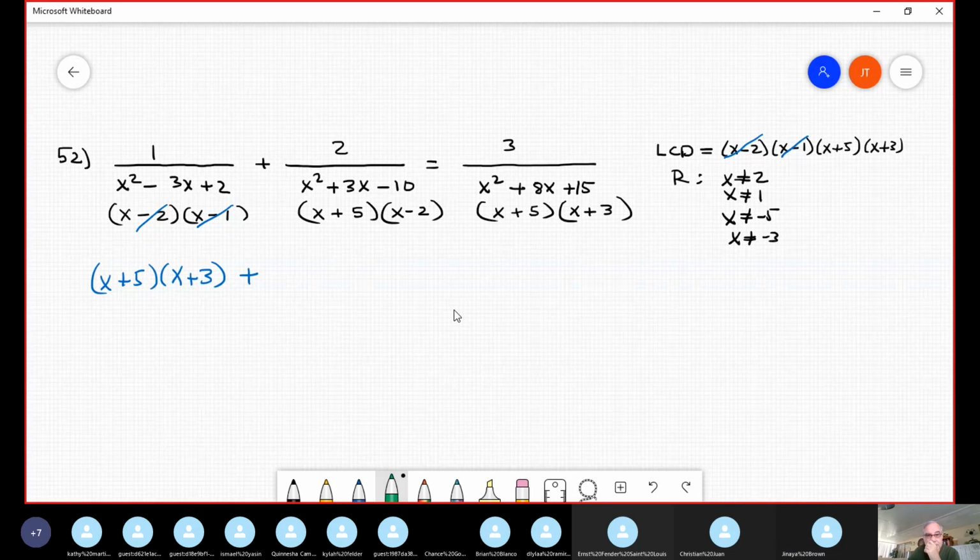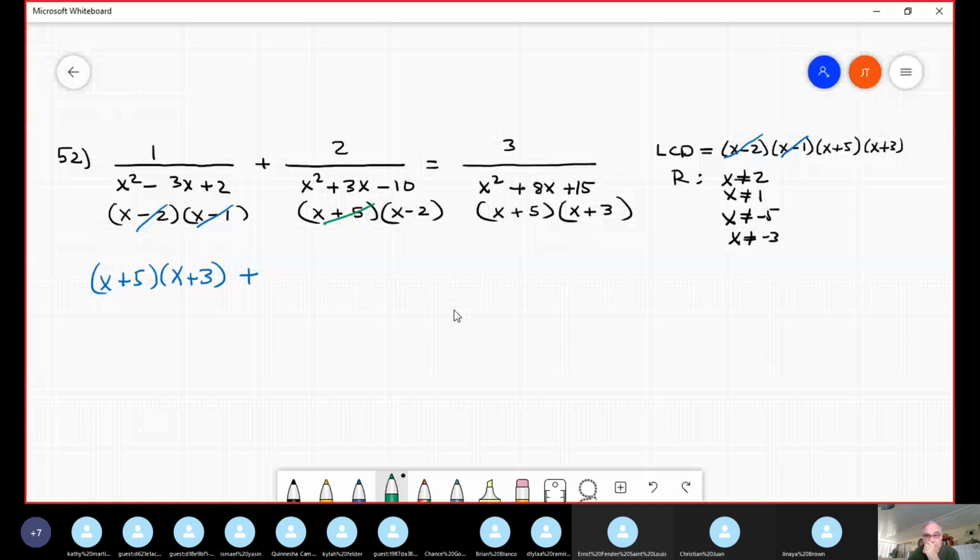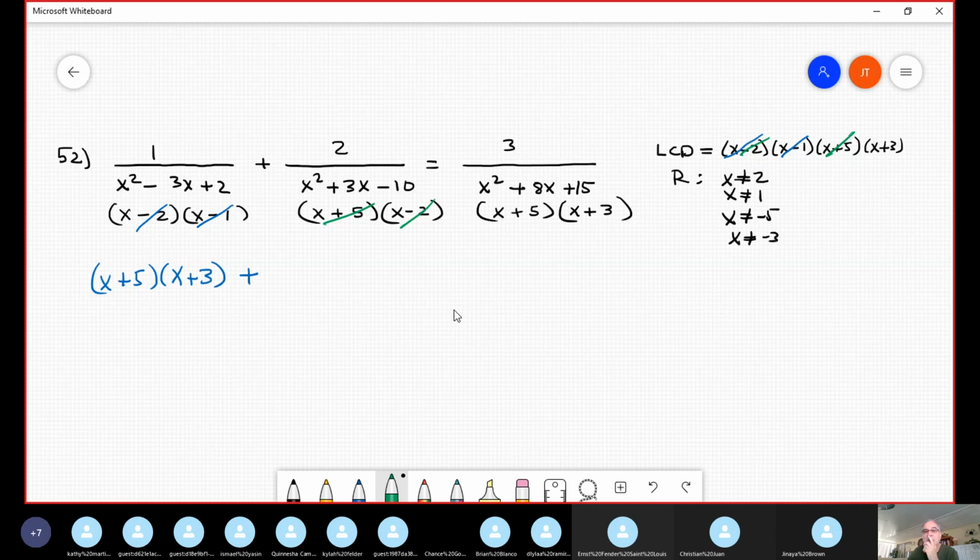Yes, sir. Now x plus 5 in green color and x minus 2 in green color. Only what has no green color stays, which is x minus 1 and x plus 3. And don't forget these two.